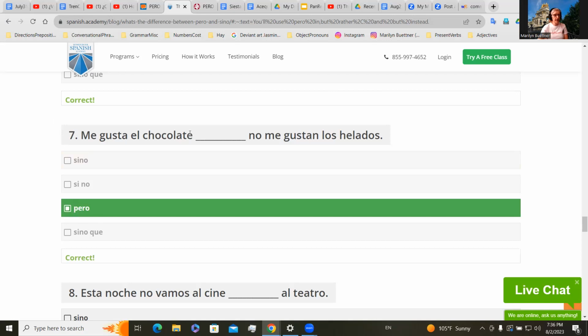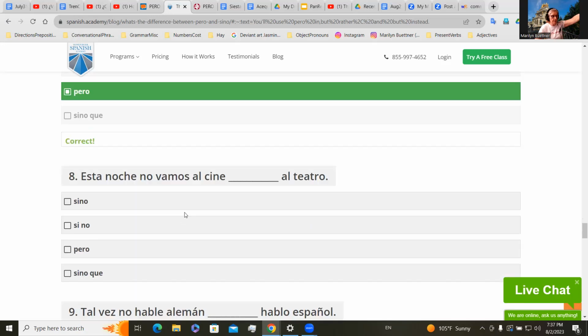Is there anything negative or, hey, Charlie, you got the wrong idea about that statement? No, yeah. I'm just contrasting chocolate with ice cream, and my feelings about them. I can connect those with pero. I'm not correcting the me gusta el chocolate. There's nothing to correct about me gusta el chocolate, right? Okay, vale.